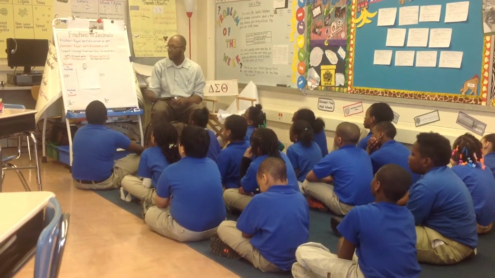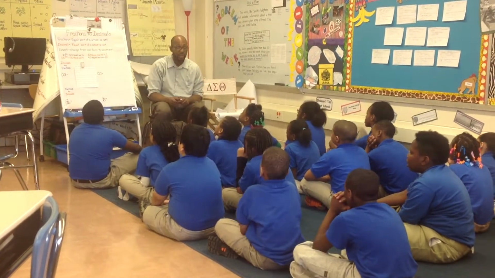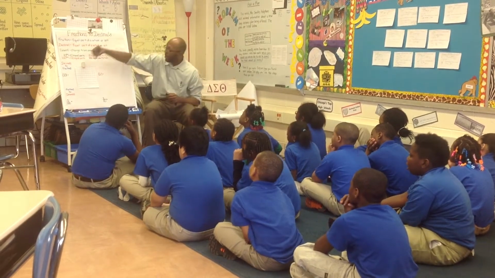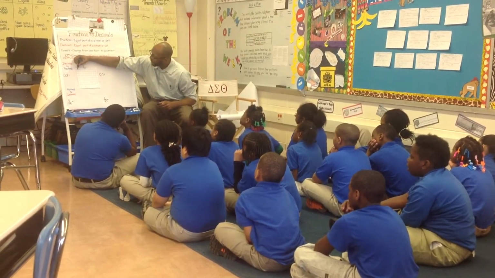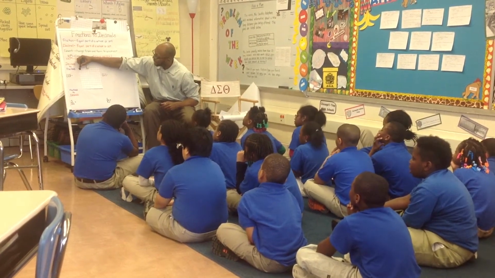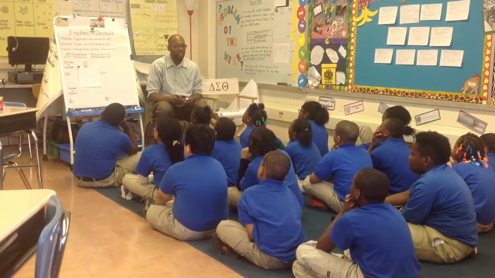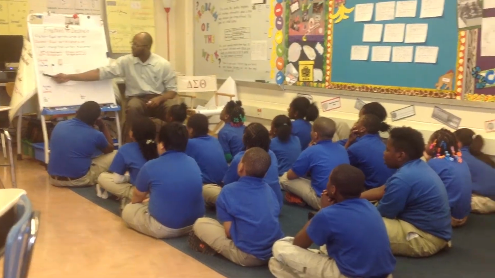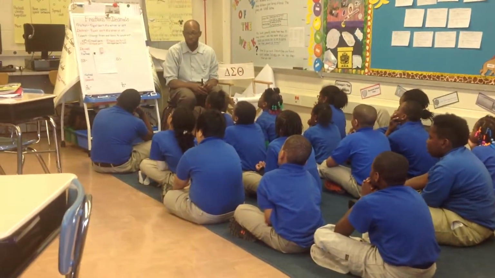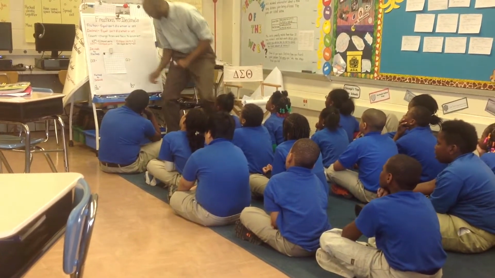So in order to represent 0 and 1/100th on our chart, all we have to do is fill in 1 of those 100 pieces. I've shaded in 1 of those hundredths.